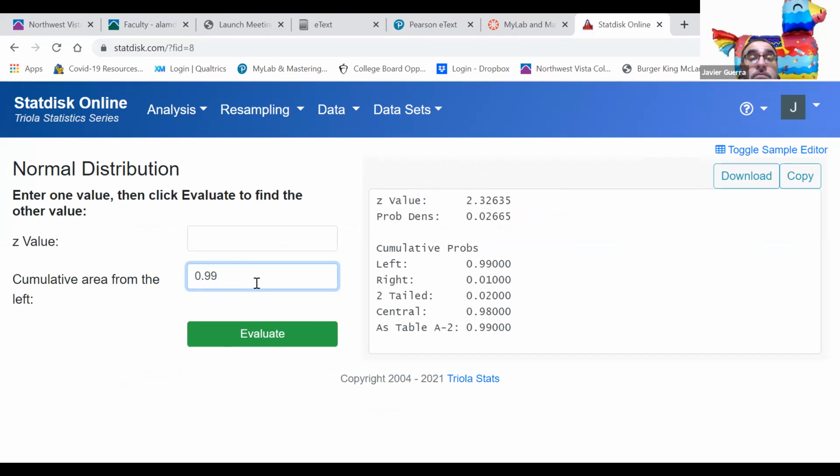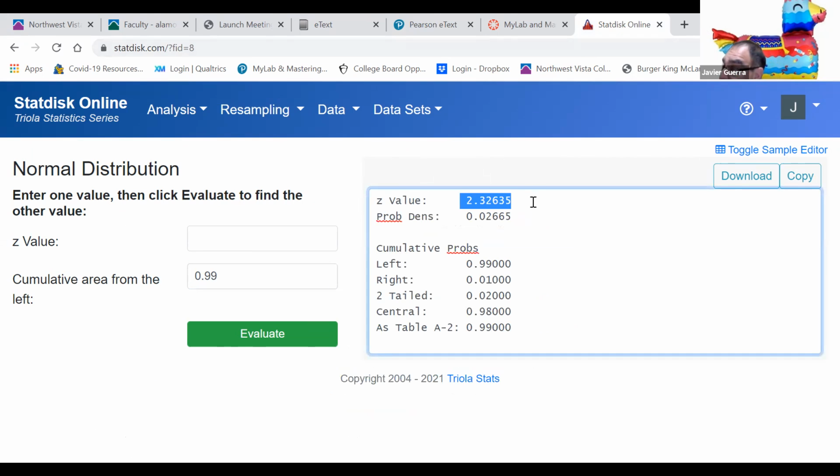Here it is. My z-score is 2.32635. Remember, always enter the area to the left. Always the area to the left.